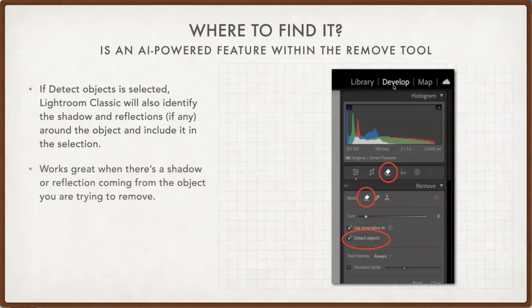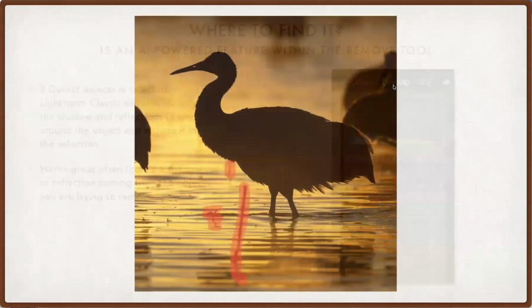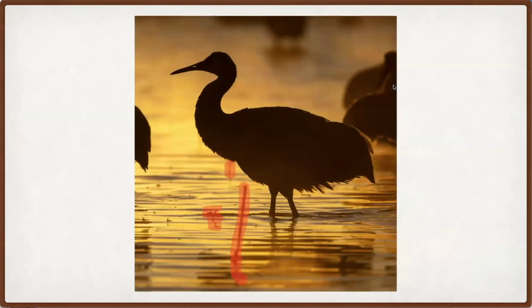Once you make a simple selection of, let's say, a stick in the water, it'll find that reflection and include it in the place it's trying to doctor for you. I mentioned this already. It works really great when there's a shadow or reflection coming from the subject and you're trying to remove all of it. This is a picture I shot in Bosque del Apache back in December.